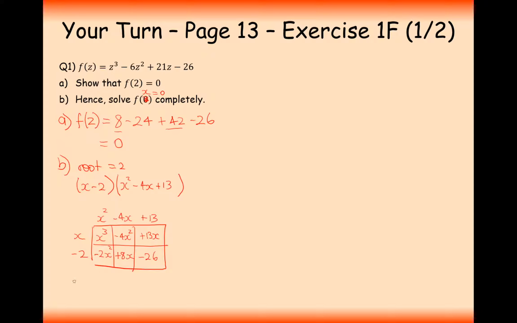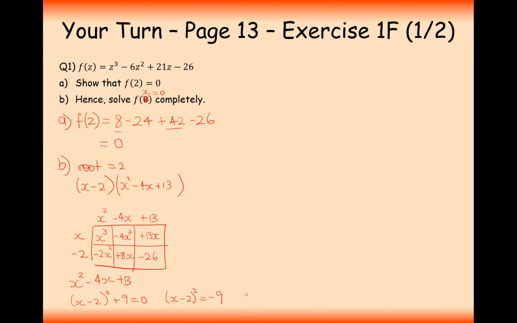All that's now left for us to do is solve this because we want all of the roots. So we will complete the square, so it will be x minus 2 squared, and then that will give us 4 on the outside, so all we need is a 9, so it would be plus 9 on the outside equals 0. Or we could say here that x minus 2 squared equals minus 9.